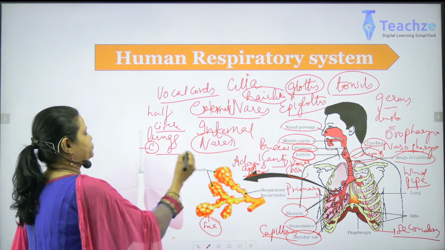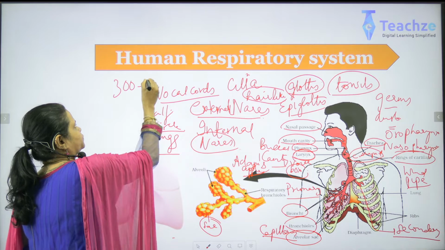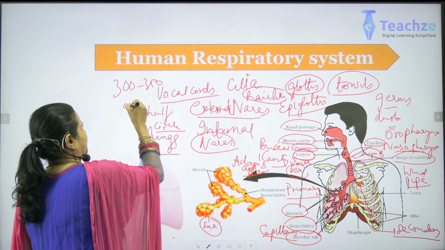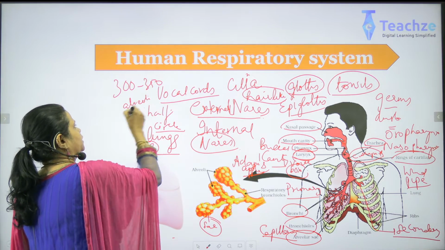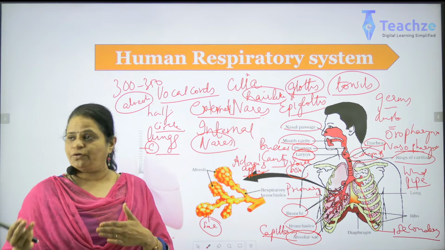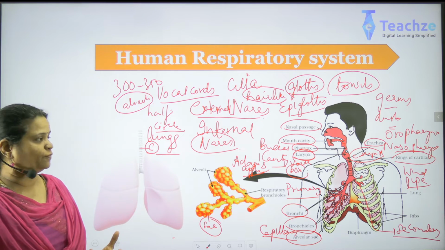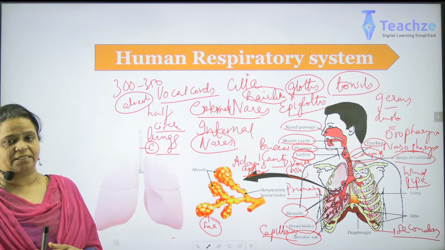There are roughly 300 to 350 alveoli in each lung. The alveoli not only help in the exchange of gases, they also help to increase the area of absorption of that particular gas, that is oxygen.